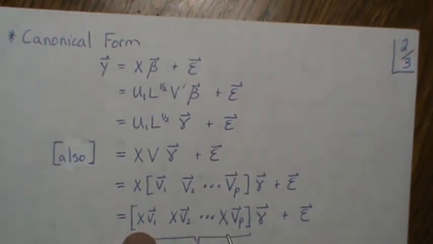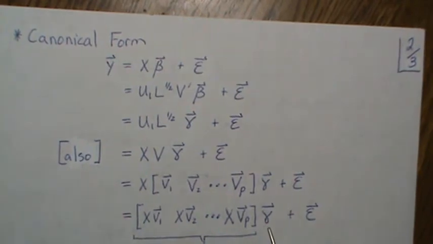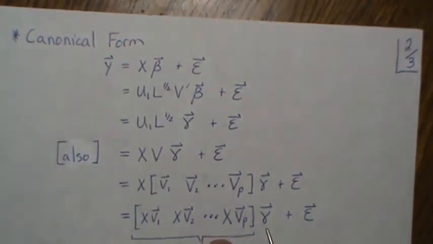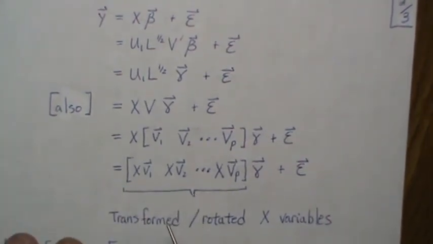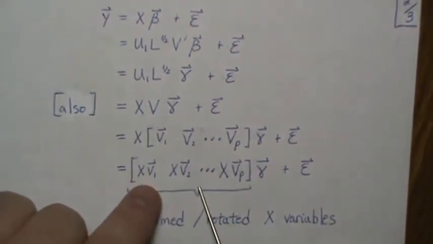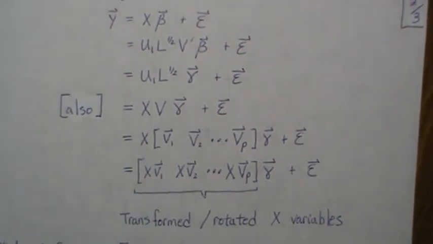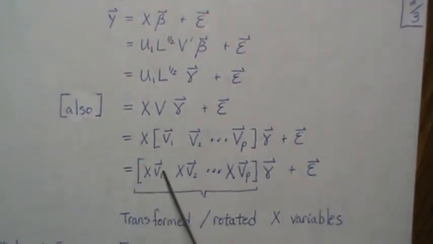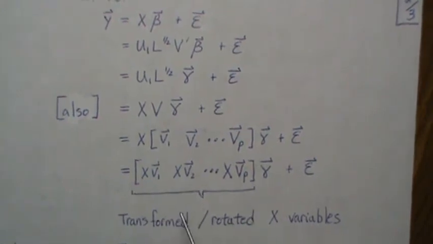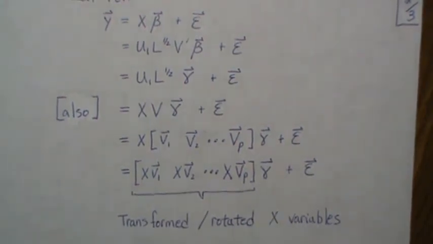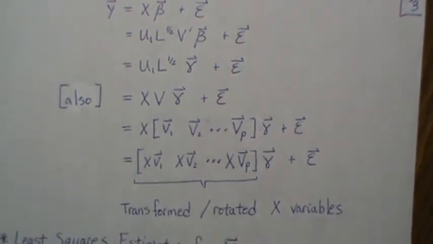So here, this is a matrix with P columns, and this is a parameter with P unknowns. So it's actually very similar to the original. But the difference is, these are transformed, slash rotated axes. The original axes were X1, X2, X3, etc. But now we have new ones, so we can call them E1, E2 to EP. They're just transformed or rotated axes. And we'll talk more about that later.